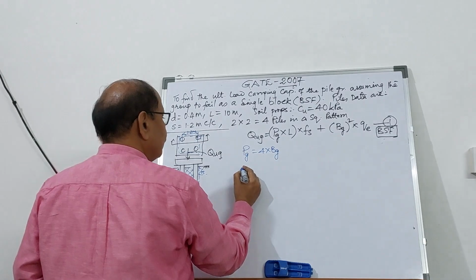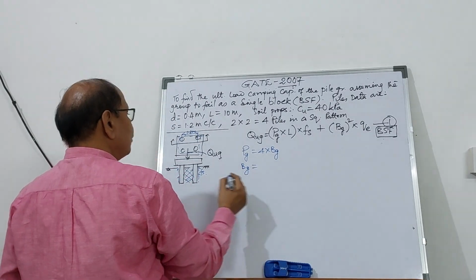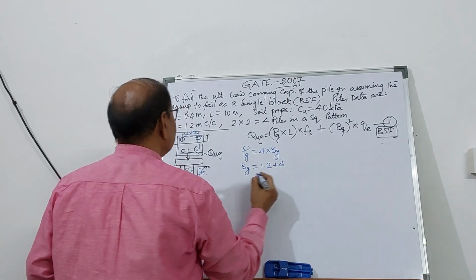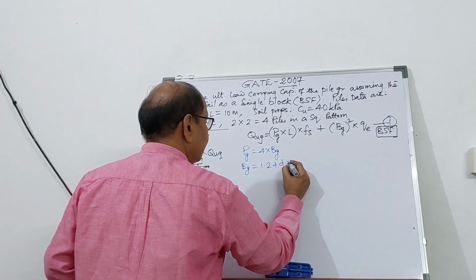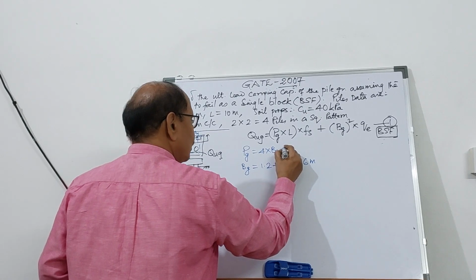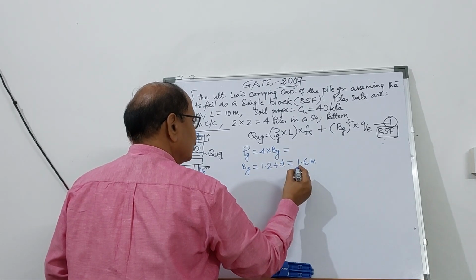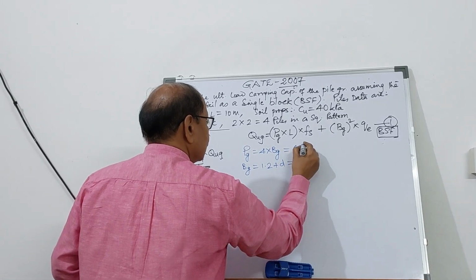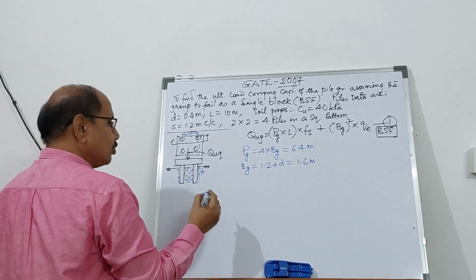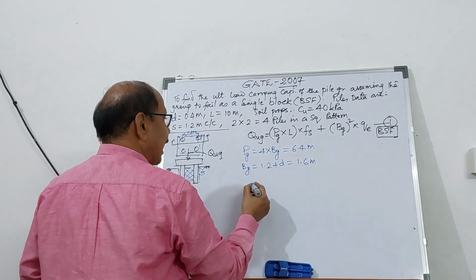So the width of the group will be 1.2 plus d, and the diameter is 0.4, so it becomes 1.6 meter. So 4 into Bg becomes the perimeter of the group, and the length is also given to you. So you can calculate this.